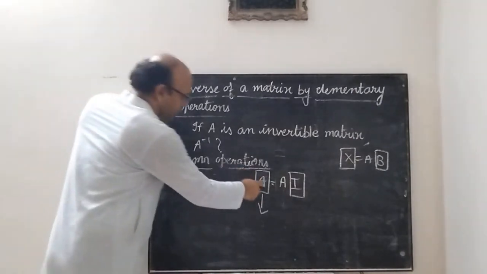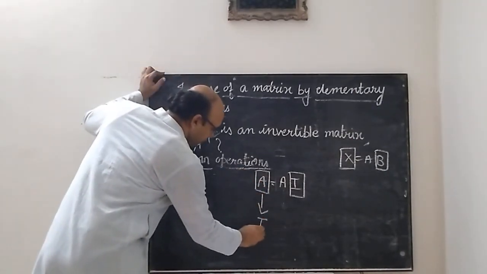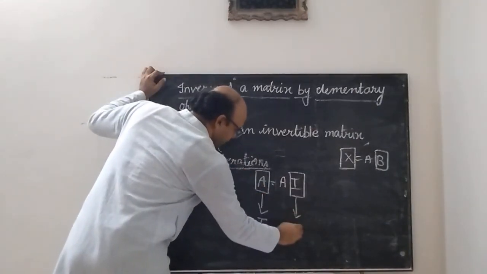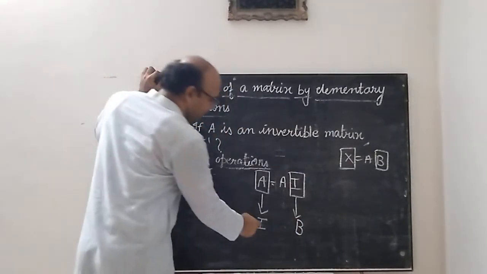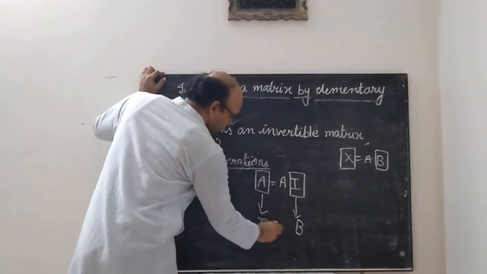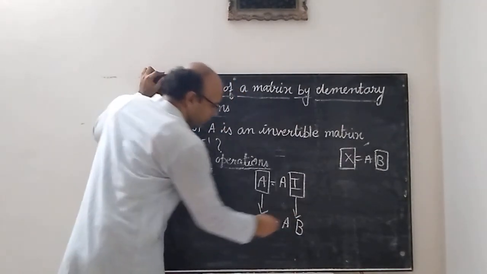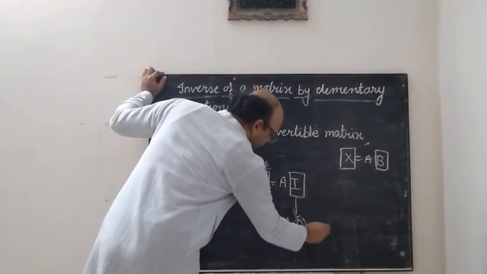We reduce this to the identity matrix. This matrix gets converted into a new matrix, say B, and you have the identity matrix equal to AB, and then this plays the role of A inverse.